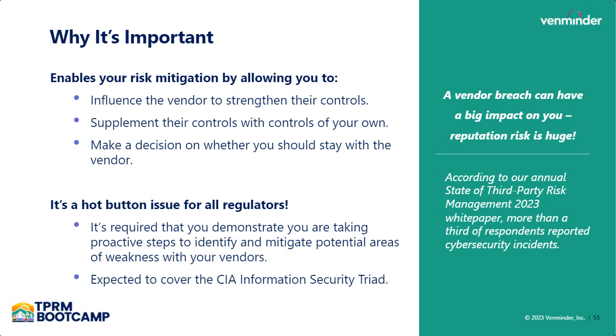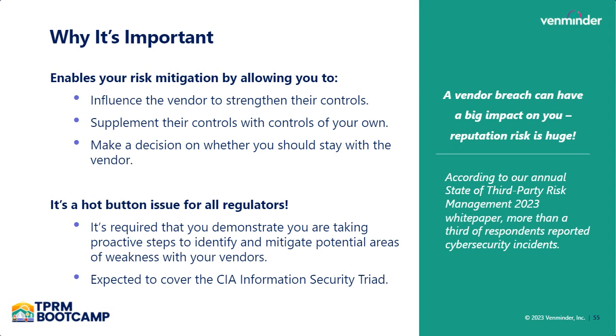Cybersecurity is also a hot button for regulators, so they're watching you as well. Staying on top of the cybersecurity risks of your vendors and understanding their posture is a big part of protecting yourself proactively. Ultimately, you are expected to cover the CIA information security triad, which is confidentiality, integrity, and availability.